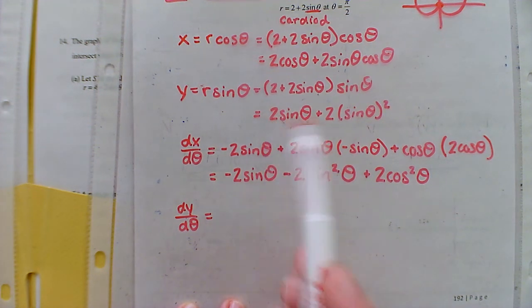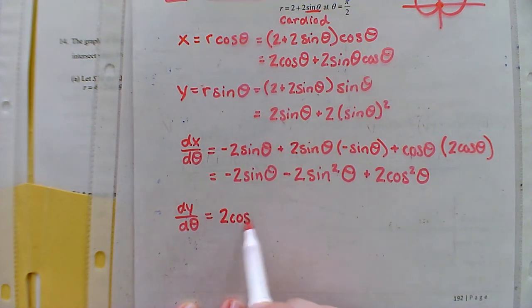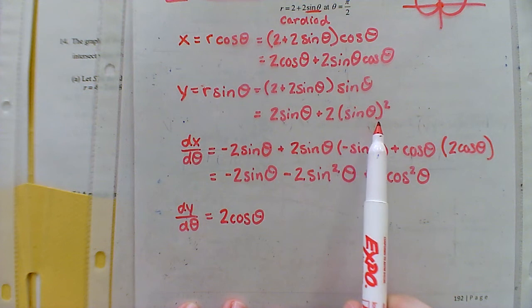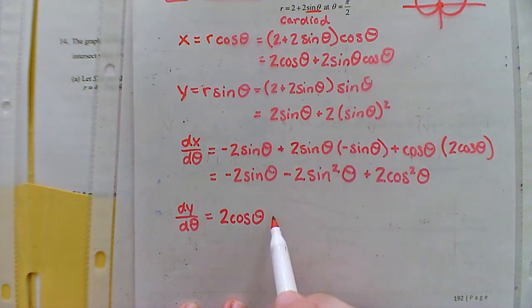So we need the derivative of 2 sine, which would be 2 cosine. And then how might you want to find the derivative of the next term? 2 sine squared.